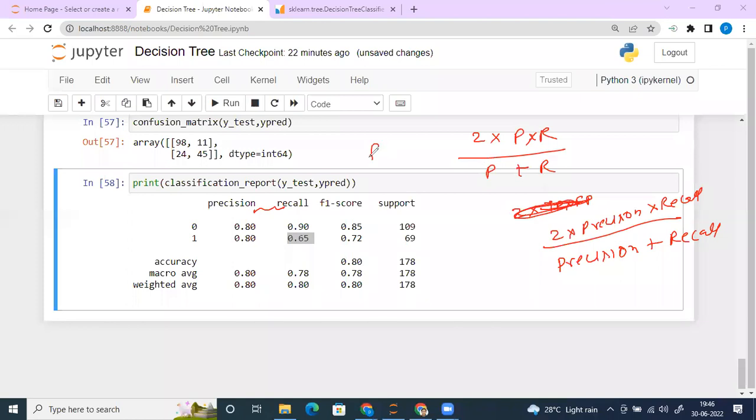This is nothing but your F1 score. The model which has a high F1 score is a very good model, right? So it's a representation of 2 into precision into recall upon precision plus recall.